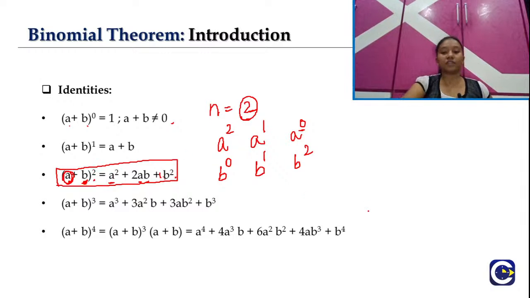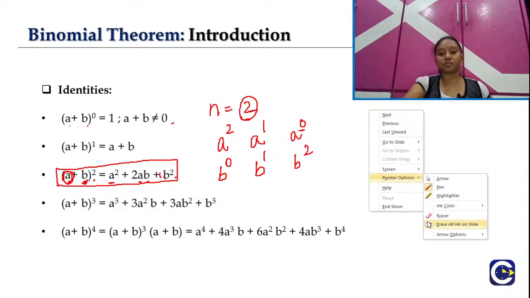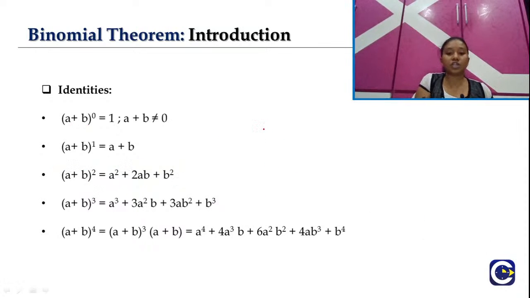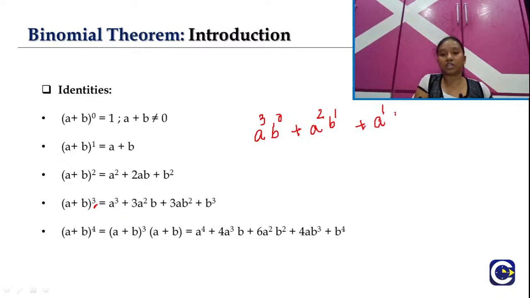Let's check our a plus b whole cube. How will the terms be? It should be a and b. Here what is the index? 3. So it should be a cube and then b power 0. Next will be a square, b power 1. Next will be a power 1 and b power 2. And the next will be a power 0 and b cube.